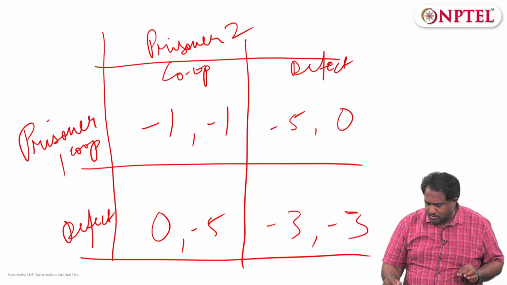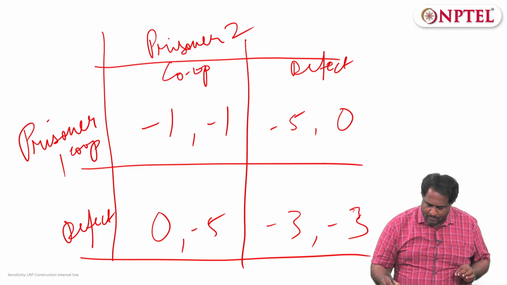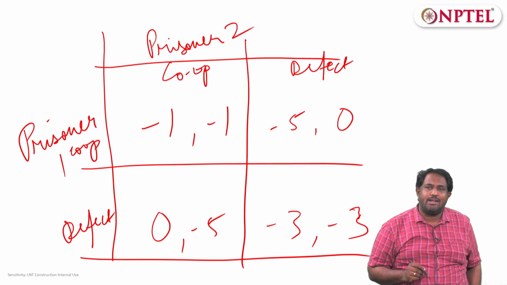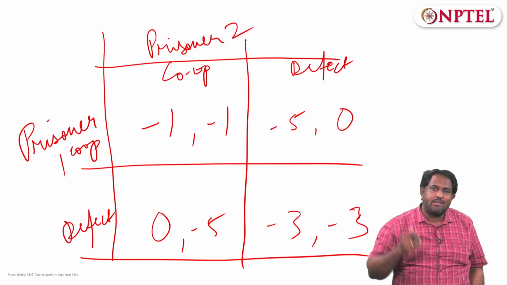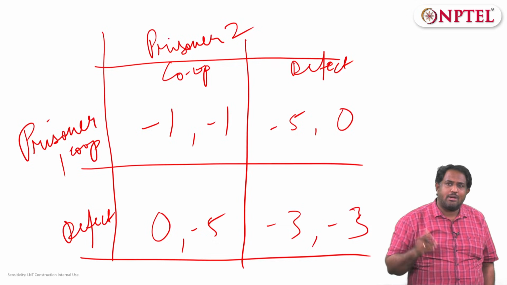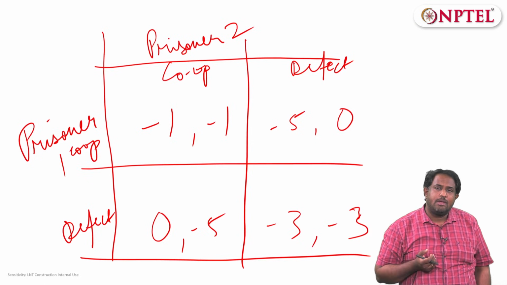I'll just explain what this is. Right. So basically, I think there was something wrong with the slide, in that the matrix was not showing, it was just overlapping with some text. But I think we'll go through the payoffs in this manner.